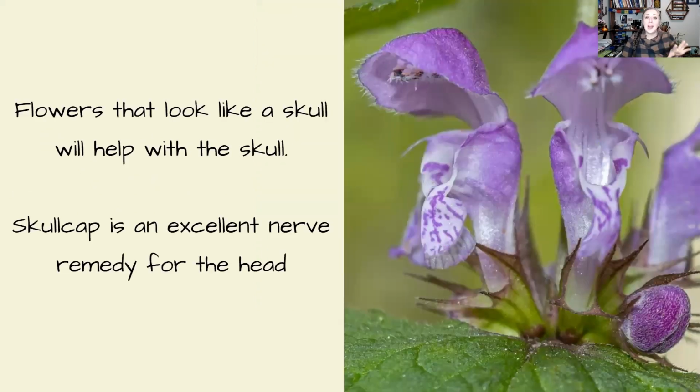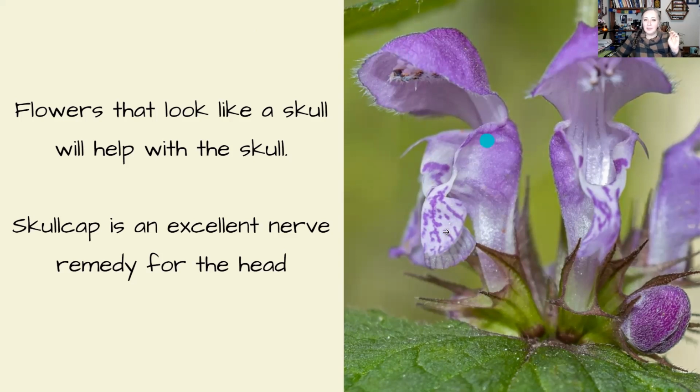Okay. So next, a flower that looks like a skull will help with the skull. Our example here is skullcap. Just look at this picture for a moment. What this looks like to me is a helmet. I hope that you can see my cursor.